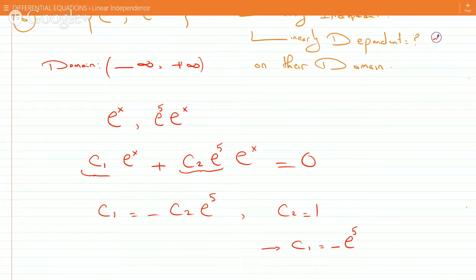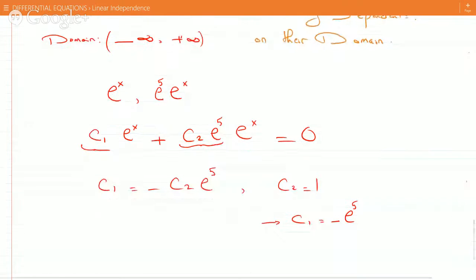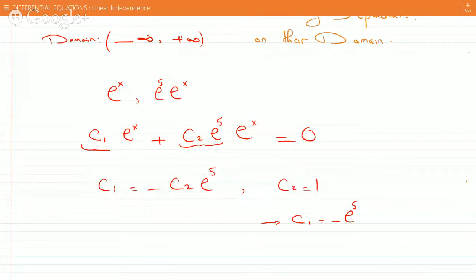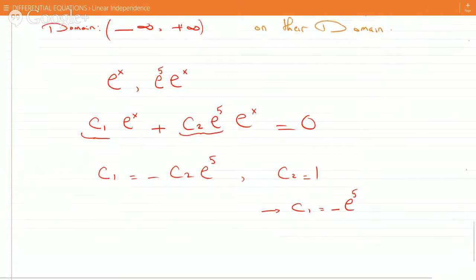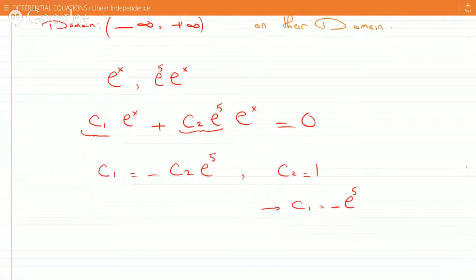Or you could take their ratio like he said, and their ratio would be constant. So there does exist c1 and c2, at least one of them, that are non-zero, for c2 to be 1 and c1 to be negative e to the 5th, that would make the sum of both of them 0 on all functions of x in the domain. For any value of x, that would work.